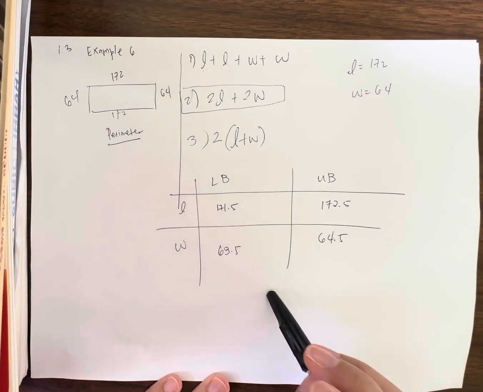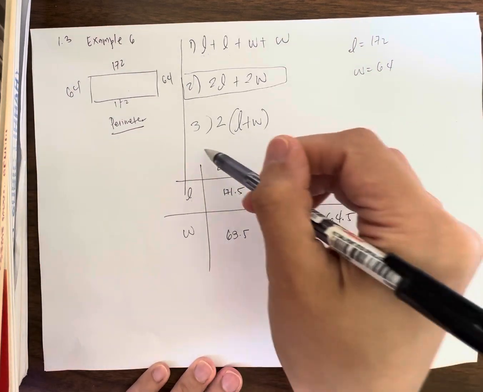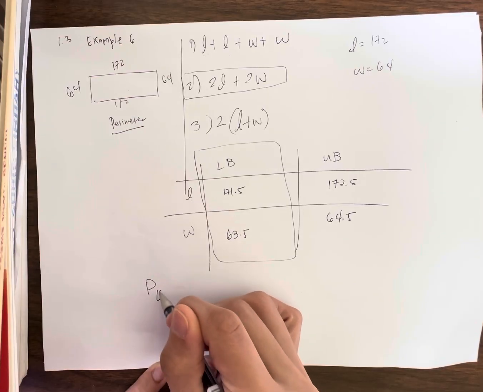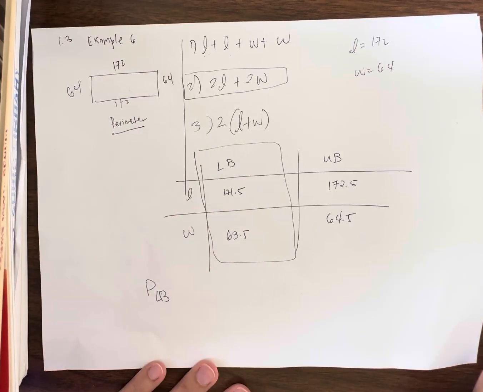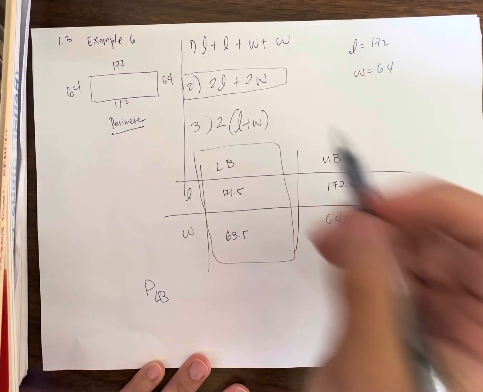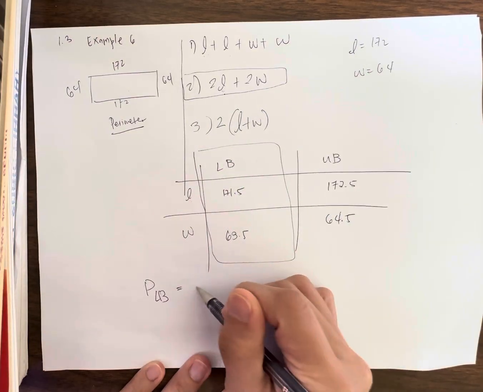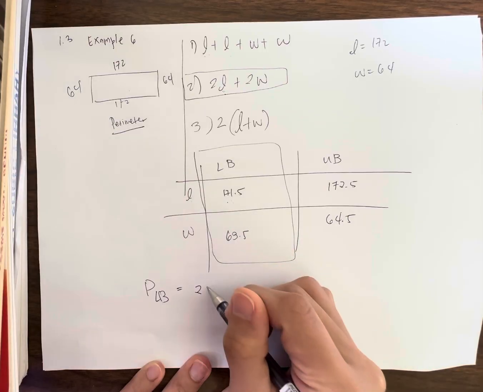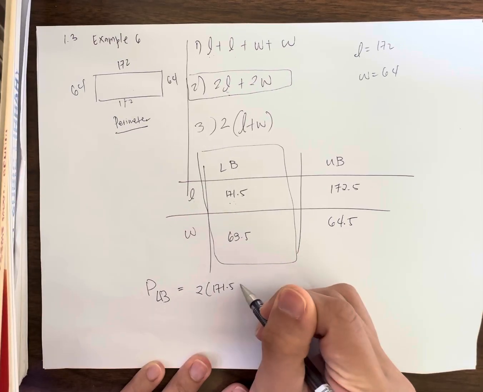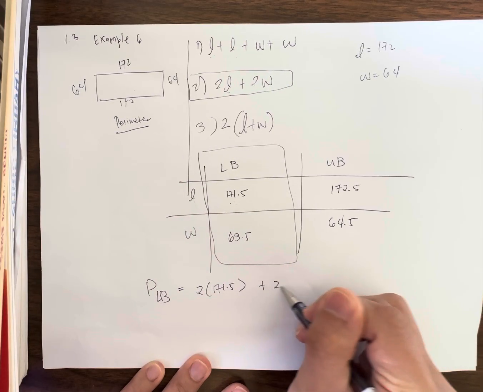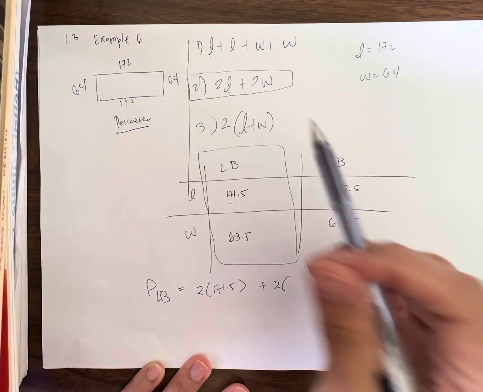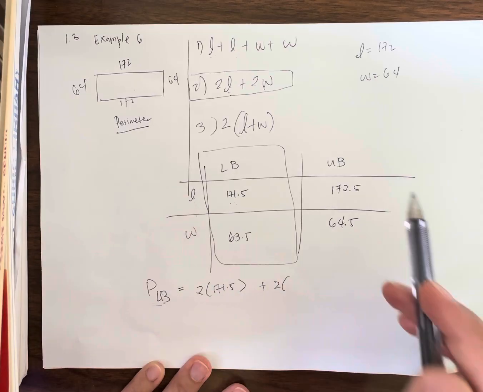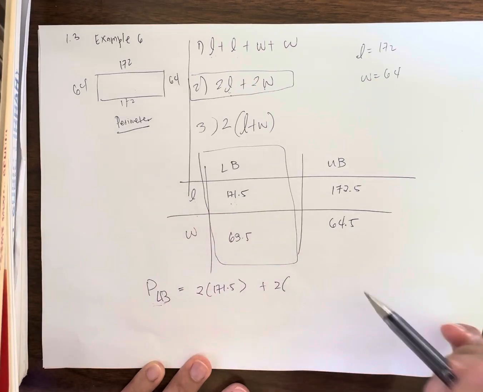For the perimeter of the lower bound, PLB, if you will, I will use this formula, and so this will be 2 times the length for my lower bound, which according to my table is 171.5, plus 2 times the width of my lower bound, because I'm focusing on the lower bound first, which is 63.5.